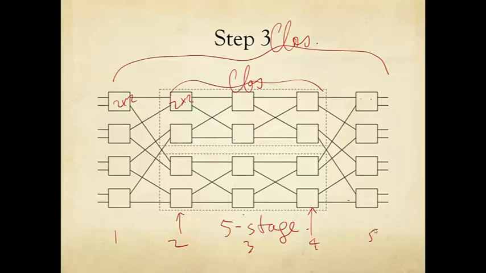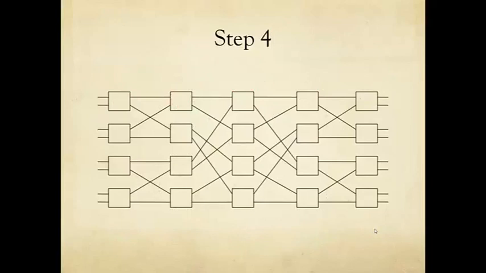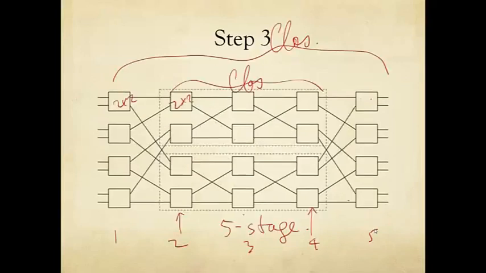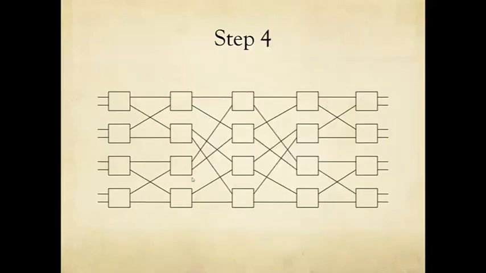If we rearrange the stage 2 and 4 switches a little bit, we receive the following pattern. Basically what we do is to move this up and move this down. Then we have the following connectivity pattern.